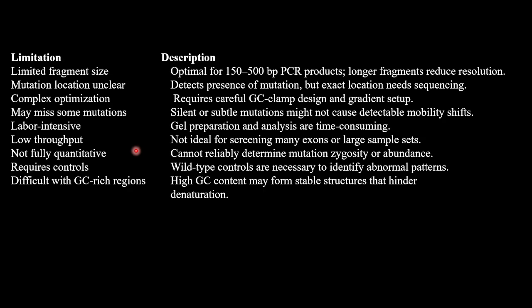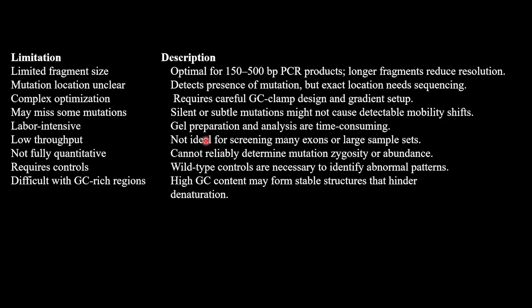But there are some limitations of denaturing gradient gel electrophoresis, because you have to do the PCR, and PCR is optimal for 150 to 500 base pair products, and as you increase the fragment size, it reduces the resolution. It can identify whether the mutation is present or absent, but it cannot find the exact location, like 1295 or 123.